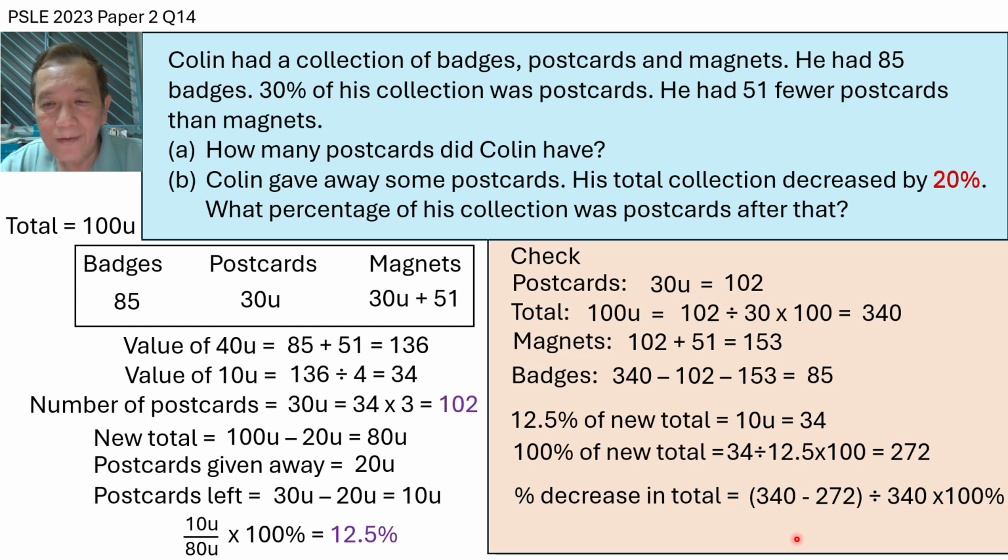Take note that we divide by 340, the original total, and we get 20%, our target. So once again, we confirm that we are on the right track.